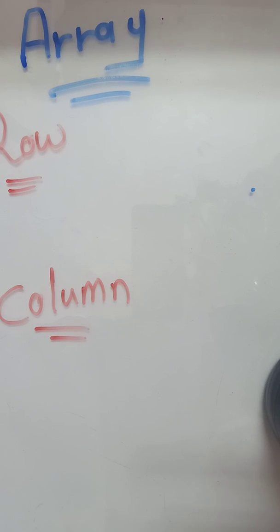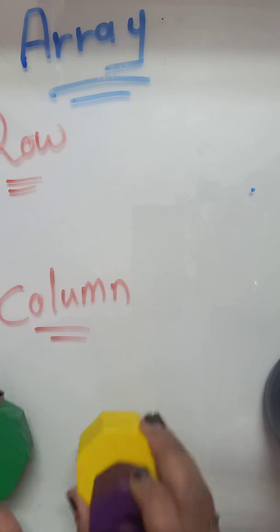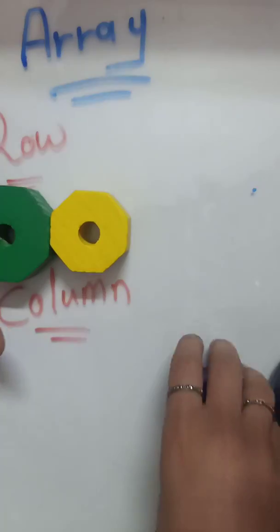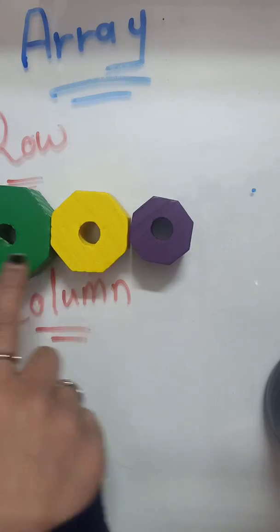Okay, let's see. If we have some hexagons and put them side to side, this is called row.